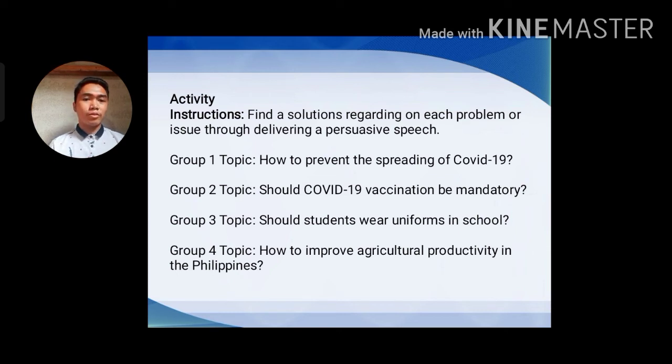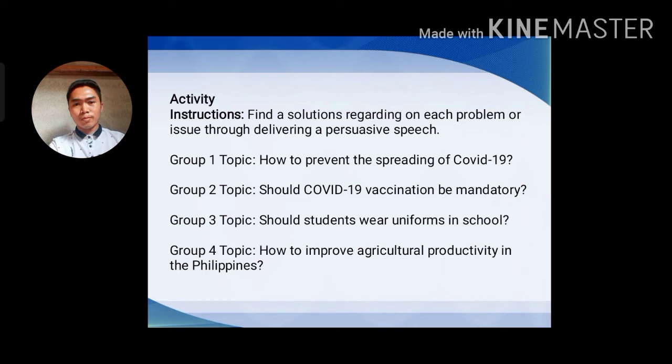Now let's proceed to group 3. Your topic is should students wear uniforms in school? Okay, that's a wonderful idea, group 3.